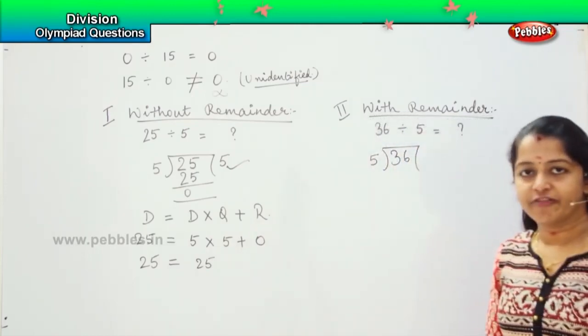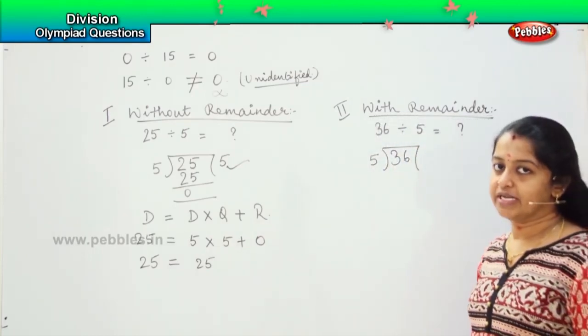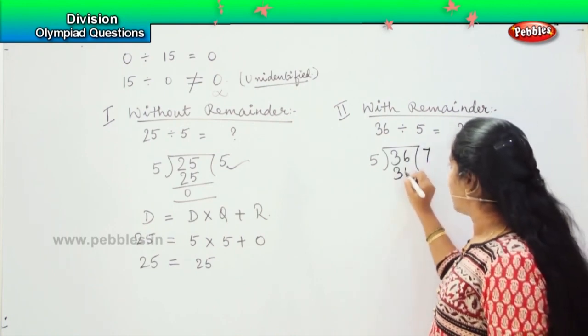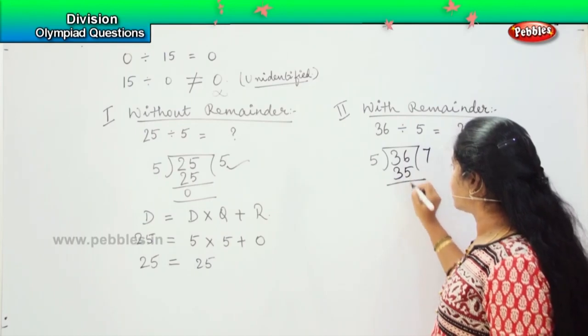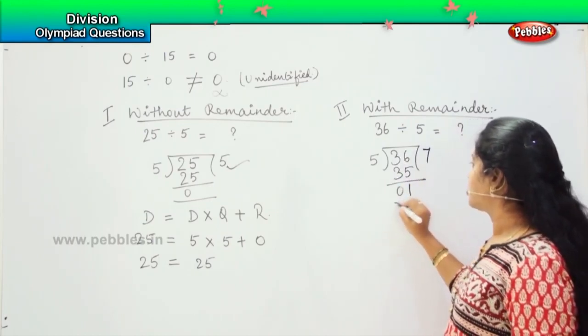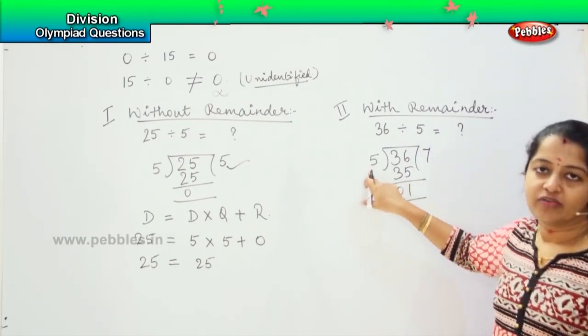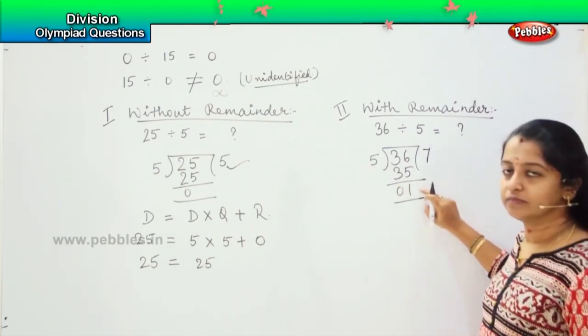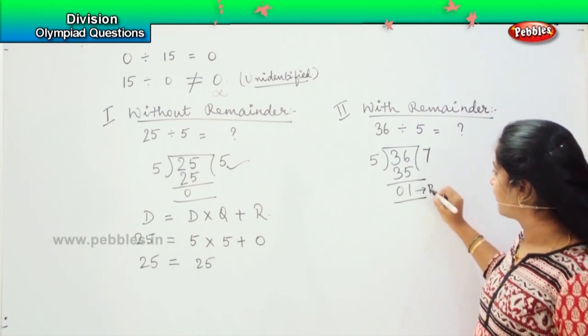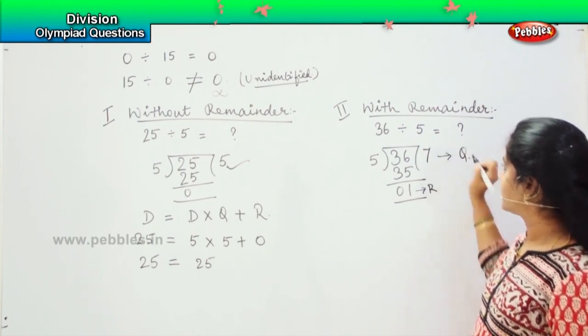If we recite the table of 5, 5 into 7 is 35, right? So I will write here 7 and 35. 6 minus 5 is 1, 3 minus 3 is 0. So, 1. Now, is it possible for me to divide this 1 by 5? No. So my remainder is 1, and my quotient is 7.